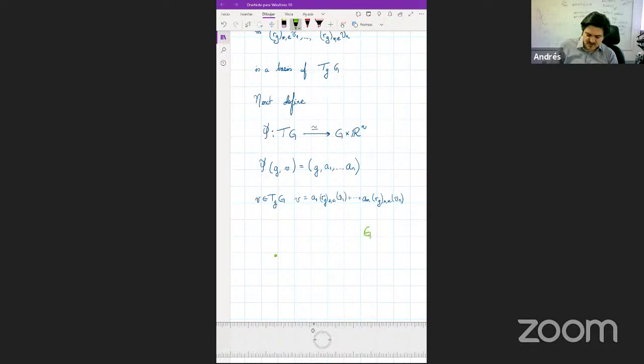If you have a group, you have here the identity element, but take any two other elements, G1 and G2. You can move from here to here. How? So you can multiply either the left or the right. So let's multiply on the right.